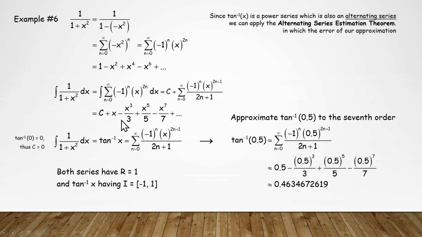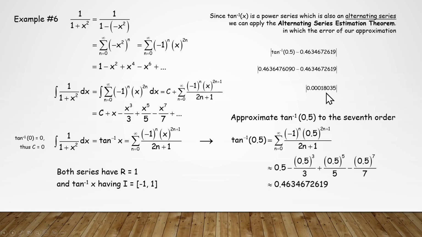That's in which the error of our approximation, in this case tangent inverse of 0.5 minus the value that we got down here. The calculator will figure out tangent inverse of 0.5 for me, and I can figure out that right now I was off by 0.0001835.